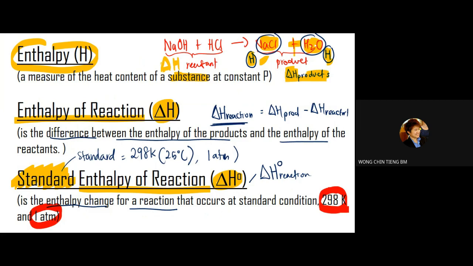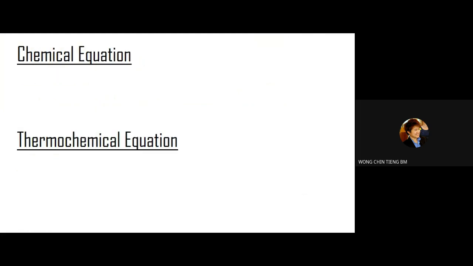Okay. Question? Tak ada. Next. What is the difference between chemical equation and thermochemical equation? Delta H, your friend down here say. Delta H, contoh yang paling senang. Kalau saya ada chemical equation standard dissociation of water.